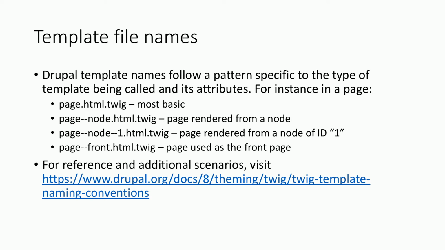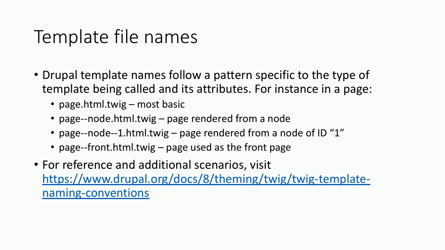Template file names. Each type of template has its own unique way of generating a name for the file. So if you're on a page, and this could be a page generated from a node, you've had maybe a page content type, you've written a title for it, you've put something in the body, you've saved it. Your front end is going to render using the page.html.twig template.